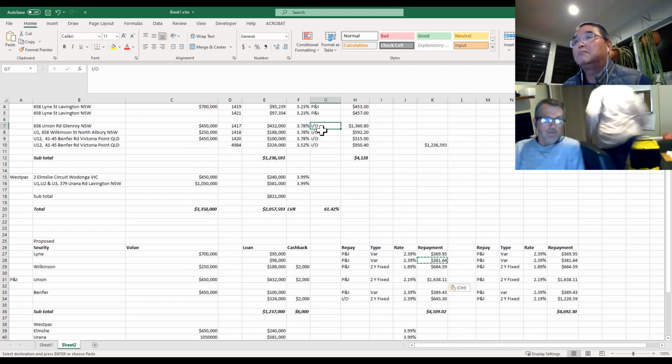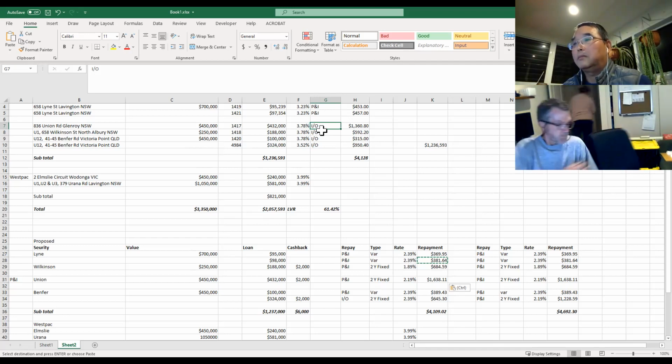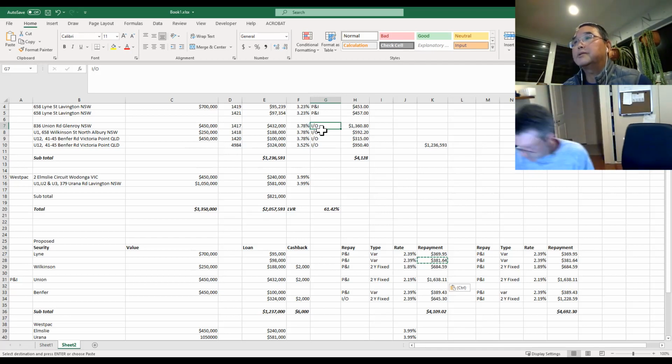Remember, at the moment interest rates are low, but in 2 years' time the interest rate will be higher. Yes, borrowing capacity will be worse.